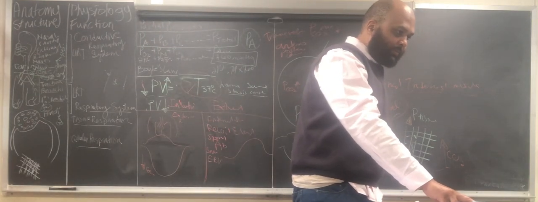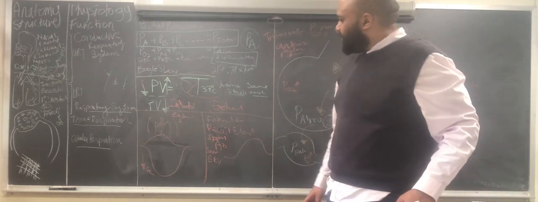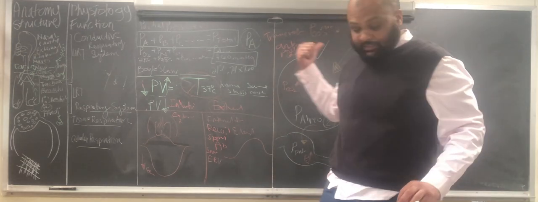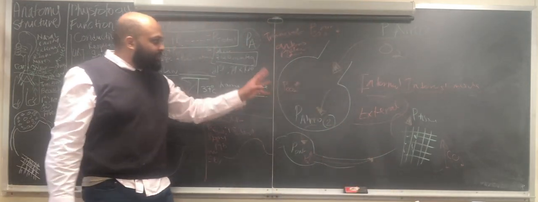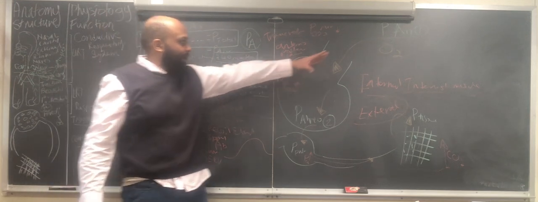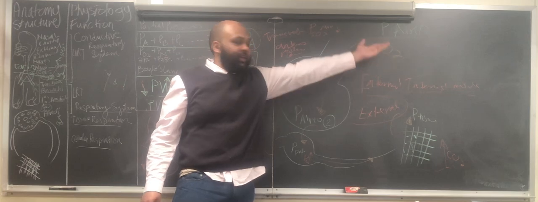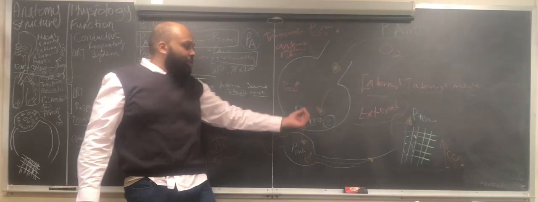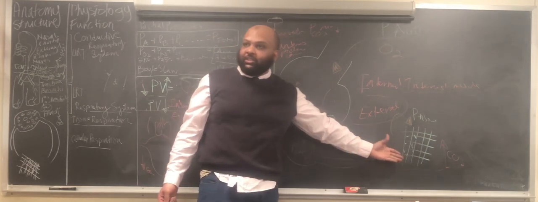What else? Okay, this concept, you must really understand this slide here. Oxygen has the highest partial pressure in the air, but it has the lowest partial pressure in the tissue. It makes a lot of sense because it's being consumed in the tissue.